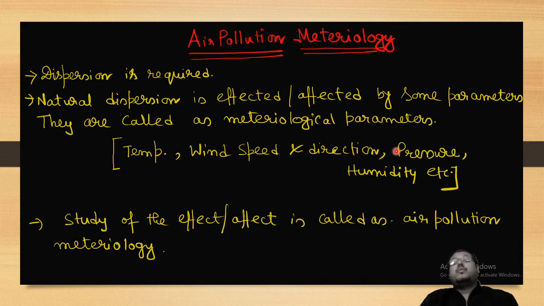Right? So what is required? Dilution is required. How will this dilution happen? By dispersion. And this dispersion can happen naturally also. This natural dispersion is affected by some parameters, and they are called meteorological parameters.